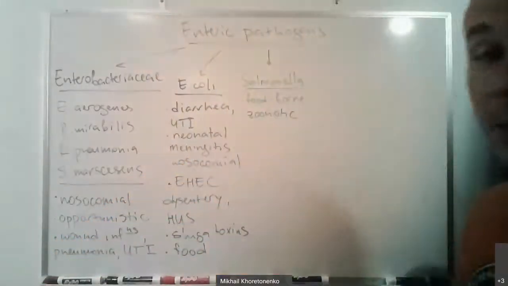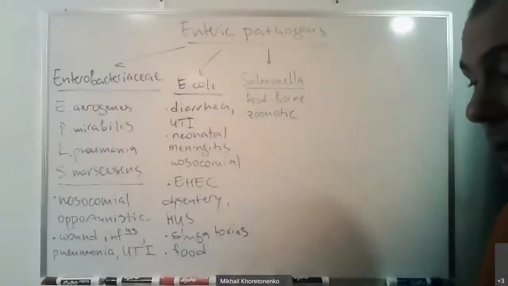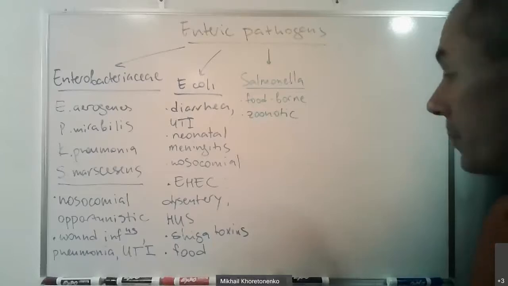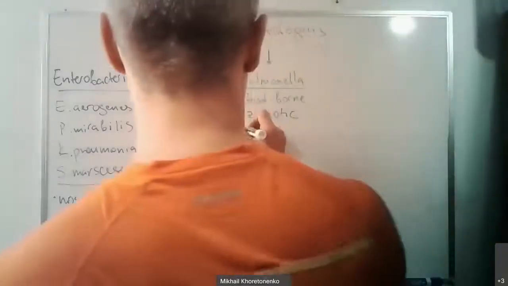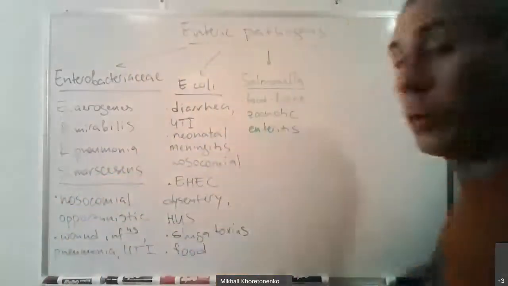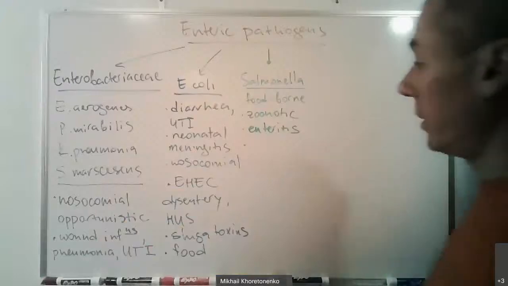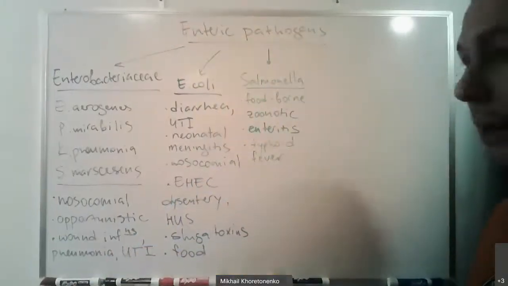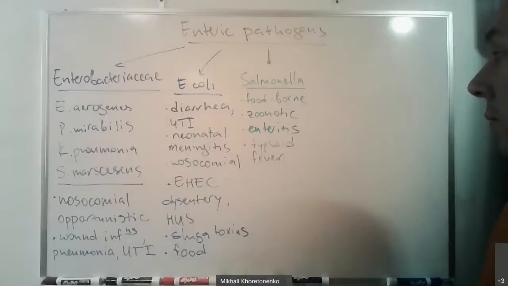It can be acquired directly from animals, but humans usually acquire Salmonella through the consumption of contaminated milk, poultry, or eggs. Salmonella can cause enteritis, a mild form with vomiting and diarrhea. A more severe form of Salmonella is typhoid fever, which is characterized by really high fever and multi-organ involvement.